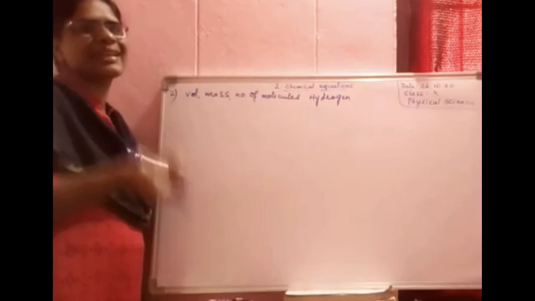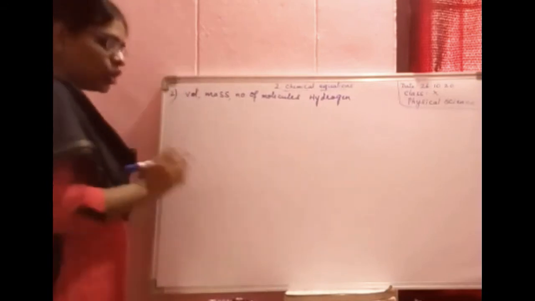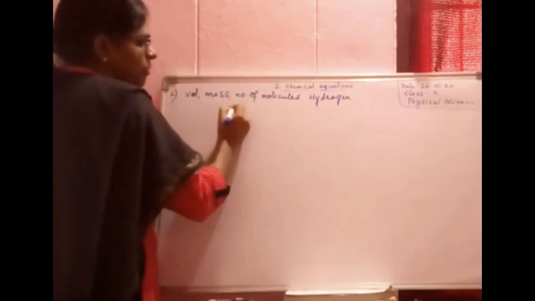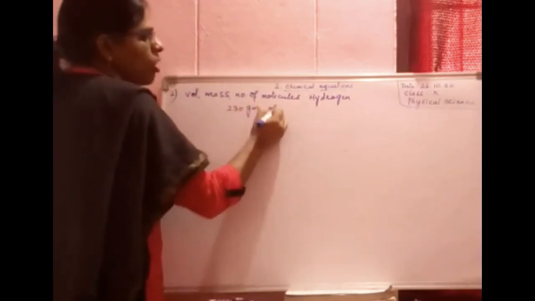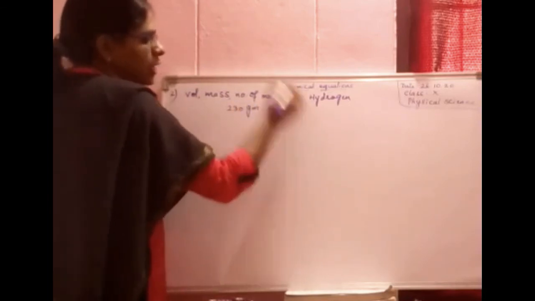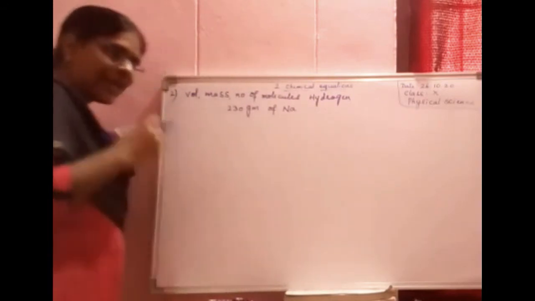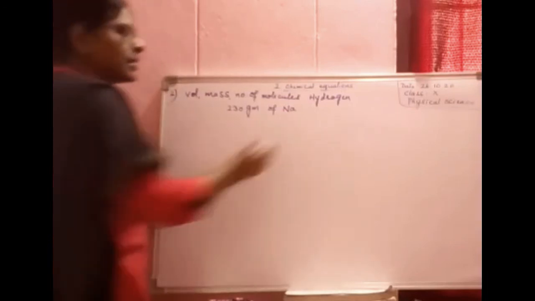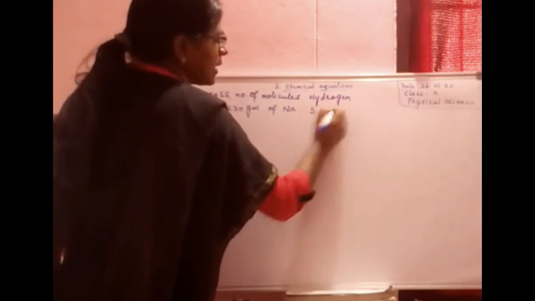Liberated means the gas is coming out when 230 grams of sodium reacts with excess of water at STP.